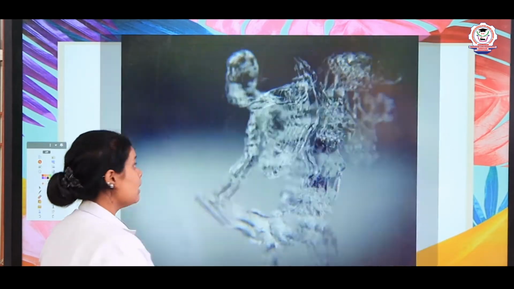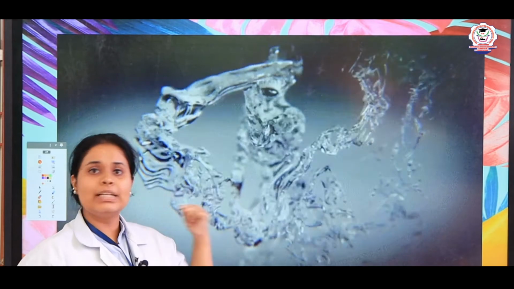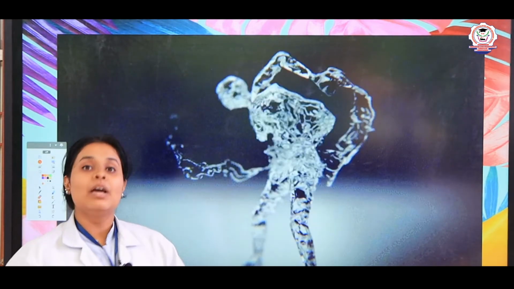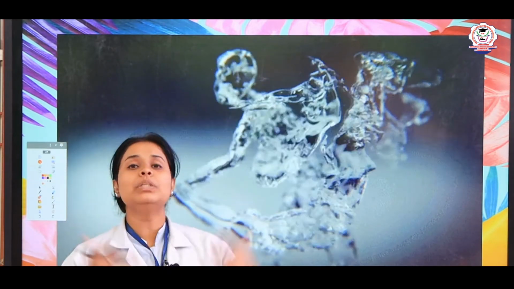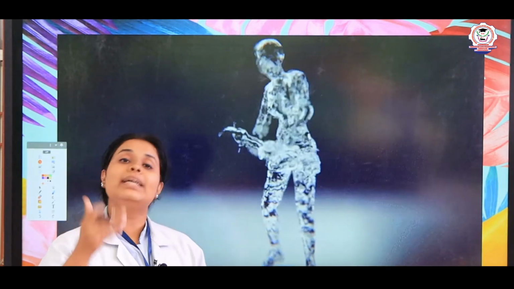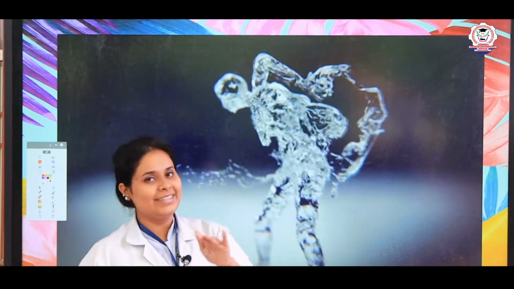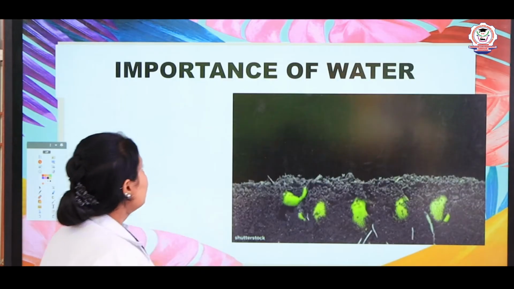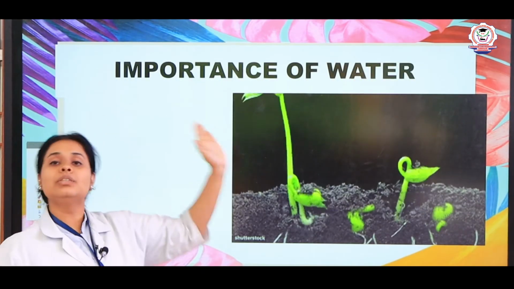Okay. Same way, what can you see in the next picture? Yes, the human body already has 70% of water in itself. That is why water is very essential, and that is why we are learning this chapter today. So let's see what are the importance of water.